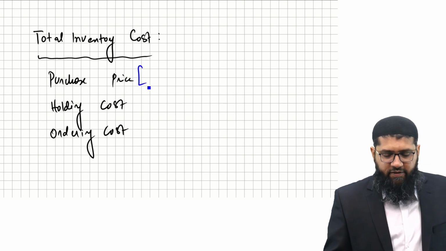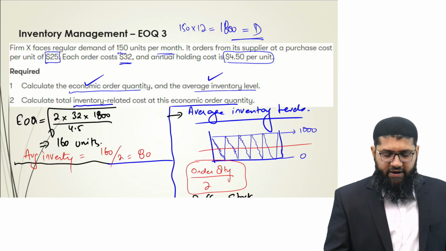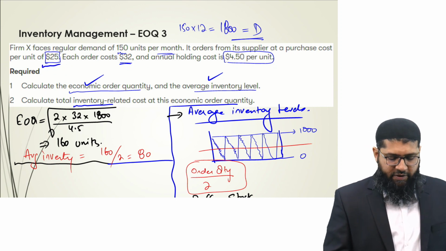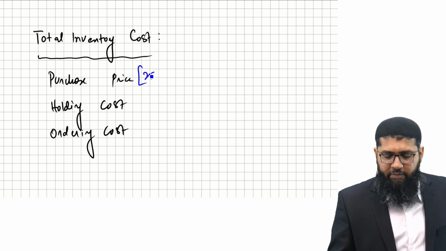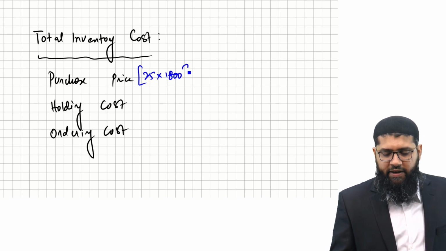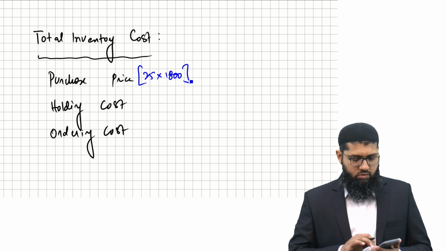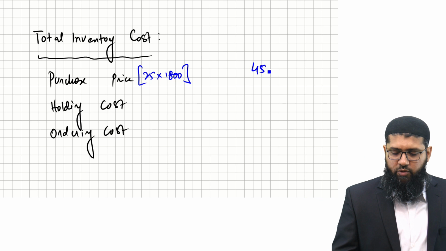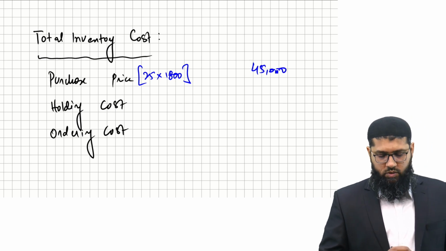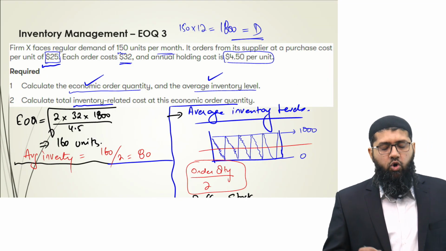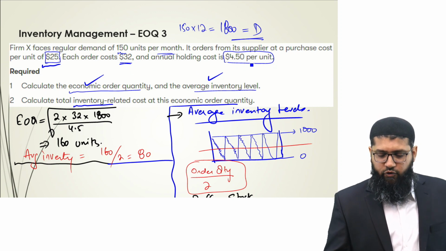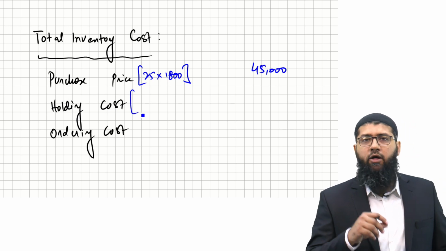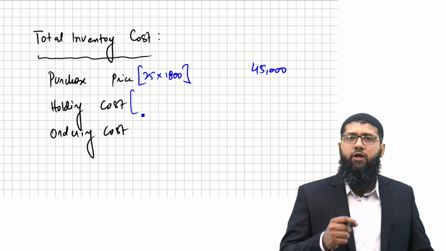So how would you establish the purchase price? We had a total inventory requirement of 1800 units. 25 was the purchase price per unit. So it is simply 25 into 1800, which is 45,000. Then you have got holding cost. The holding cost is 4.5 per unit. Always remember the holding cost is applied on average inventory.